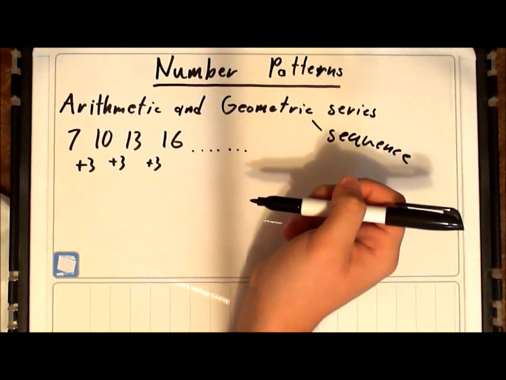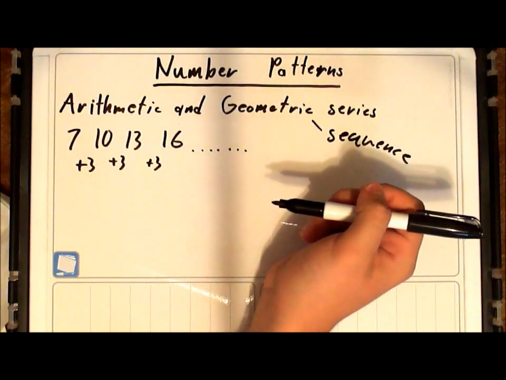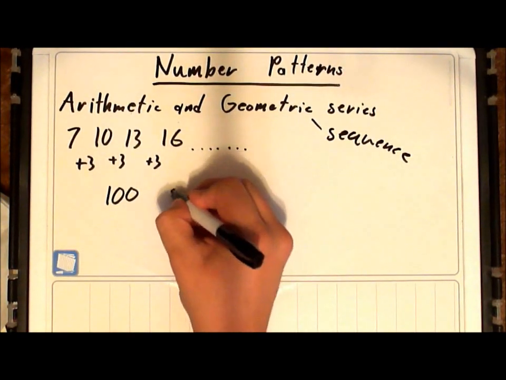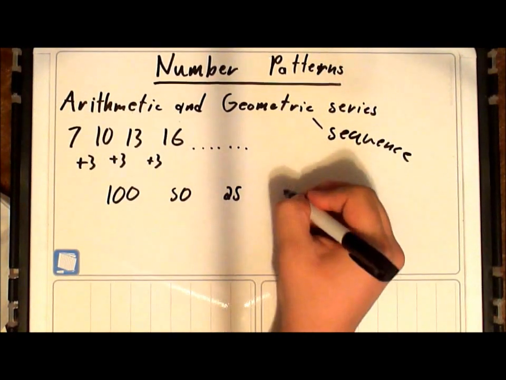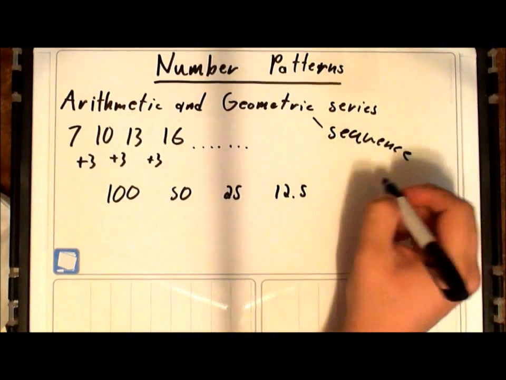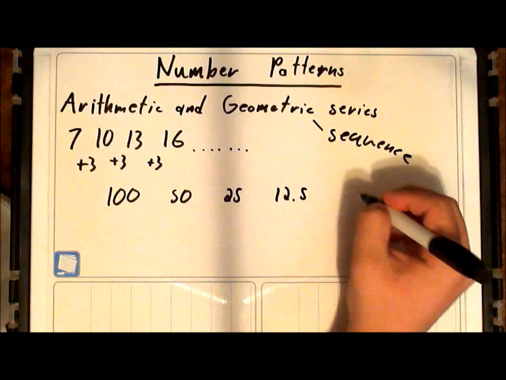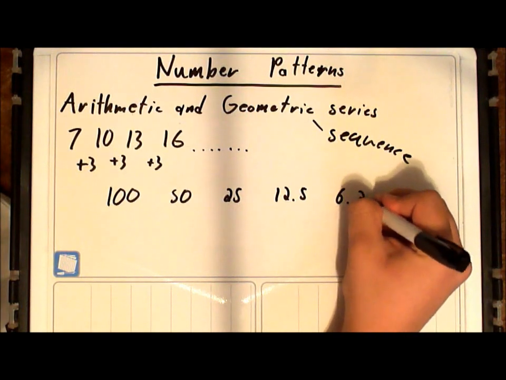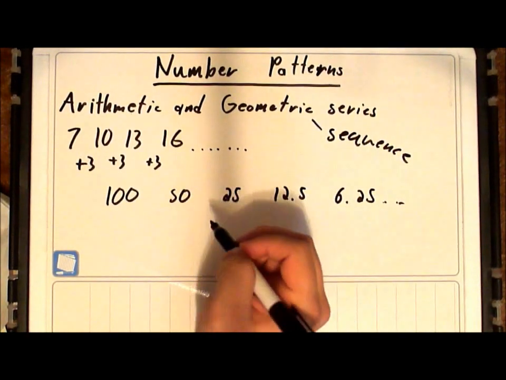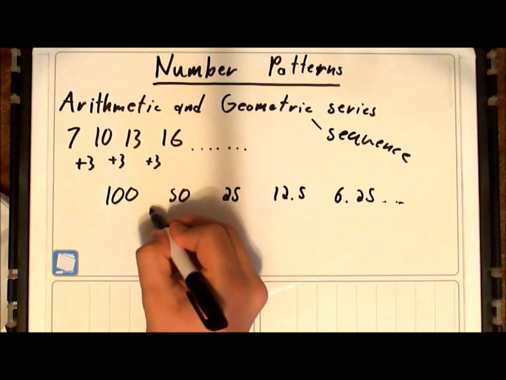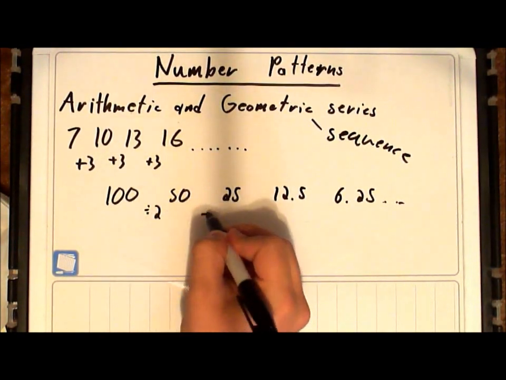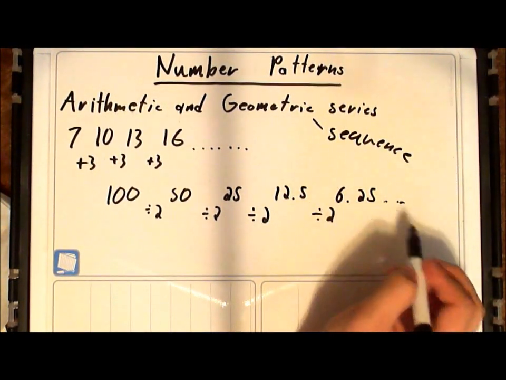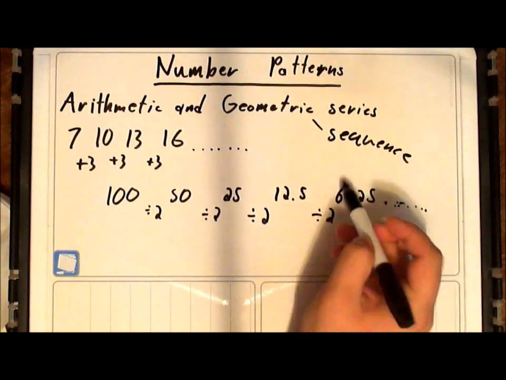So if you had 100, 50, 25, 12.5, 6.25, and so on, each of these, you're dividing by 2, dividing by 2, dividing by 2. So that is a geometric sequence.